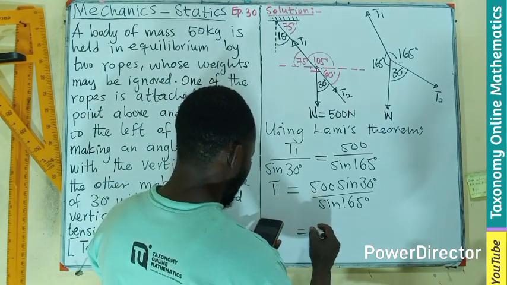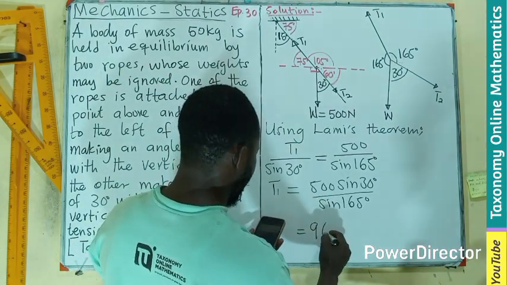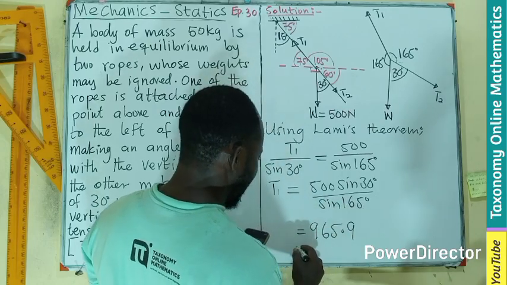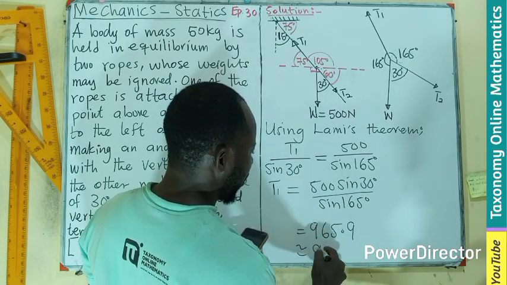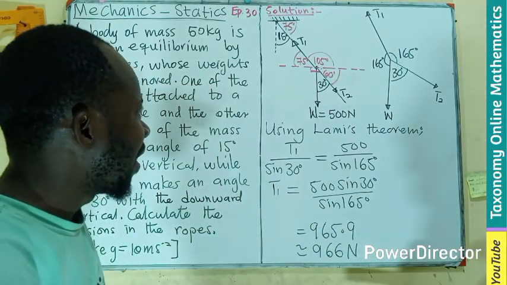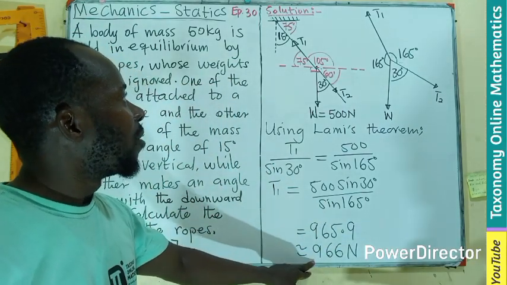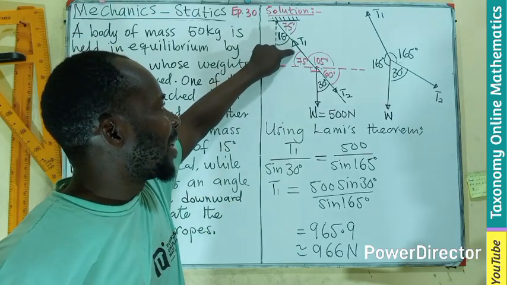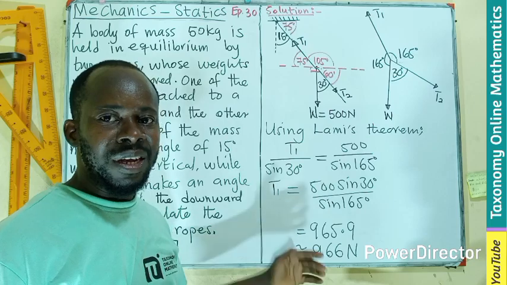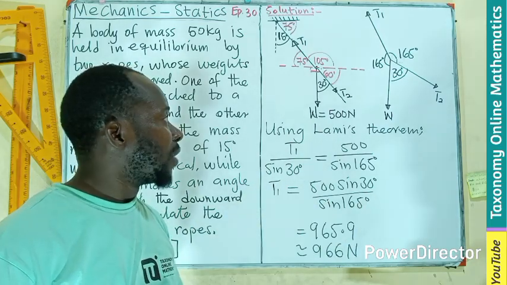We have 965.9. Let's approximate that to 966 Newton. So the first force, which is the tension in the first rope, is going to be 966 Newton, to the nearest whole number.